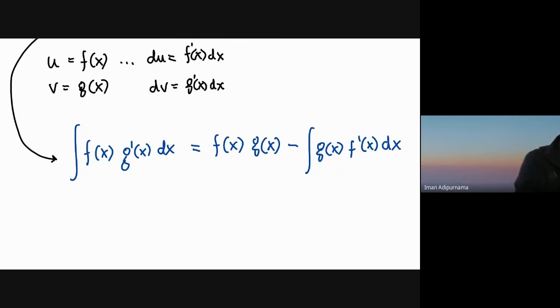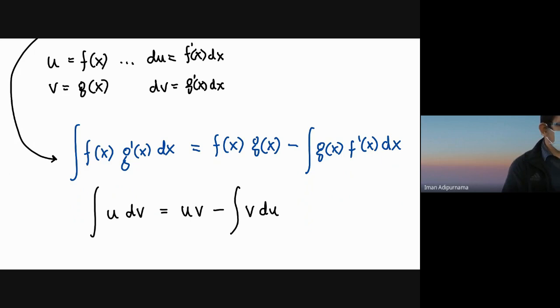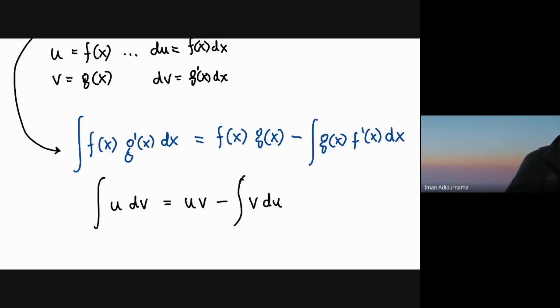So you can write this in terms of u and dv equals uv minus v du. So we call this integration by parts.